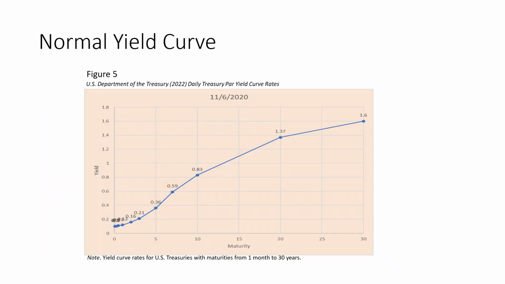Next, we look at an evaluation of the yield curve and the theories to explain the shape. The yield curve exhibits the relationship between the interest rate and the year to maturity.